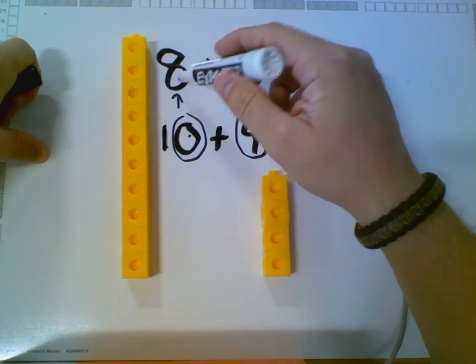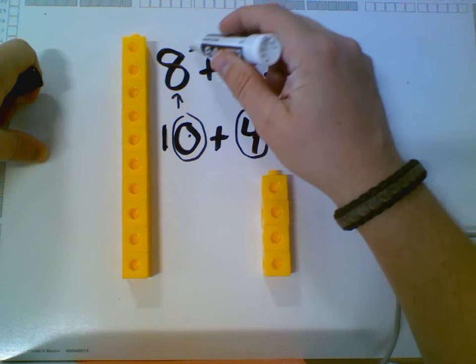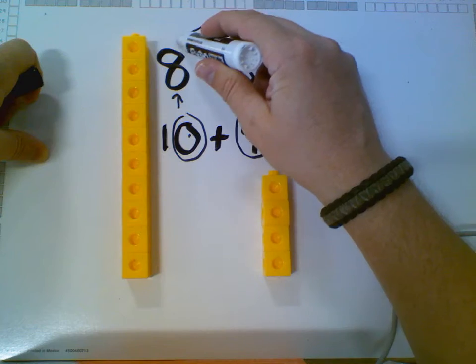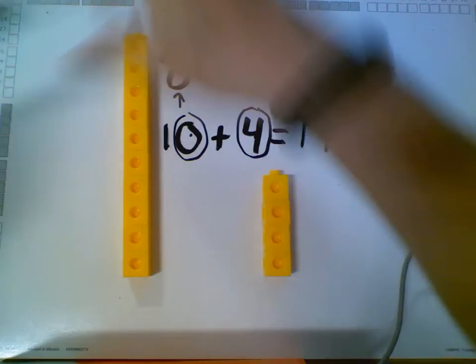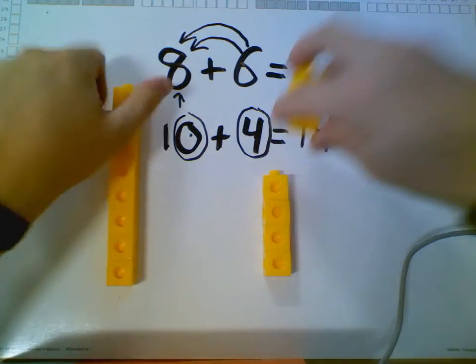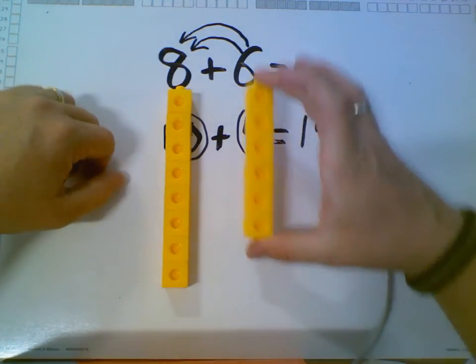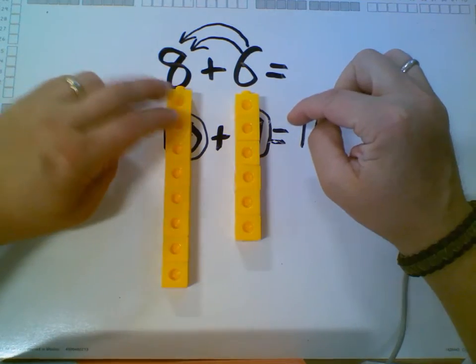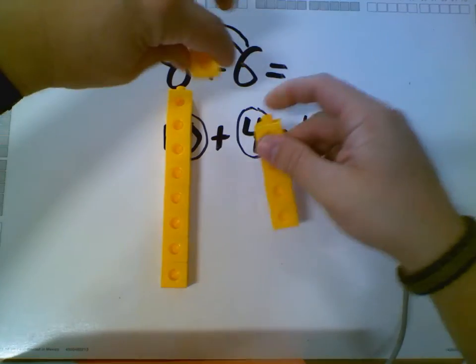And you can only make it into 10 by moving some of these over. 2 of them had to come over to be on this side to make it into 10, because it was 8 and 6. This one needed a little help to get to 10, so it got help from this one.